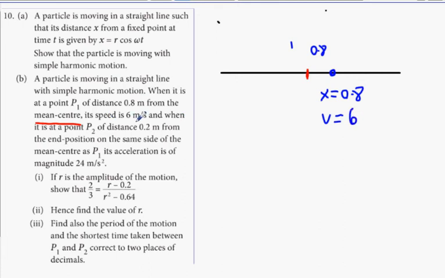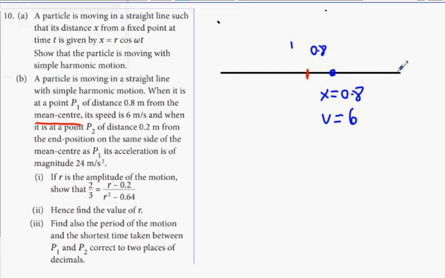There's a second point when you are at point P2, a distance 0.2 meters away from the end position on the same side. Now this is an interesting one. End position on the same side.